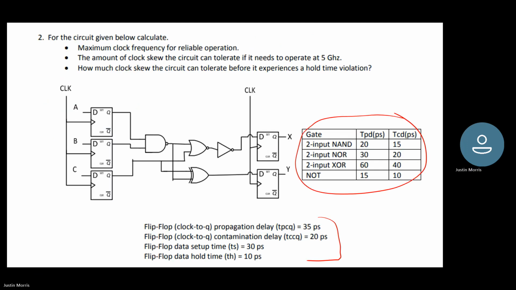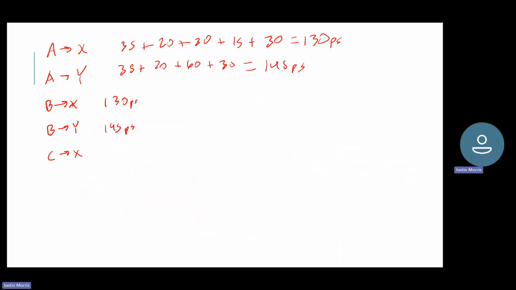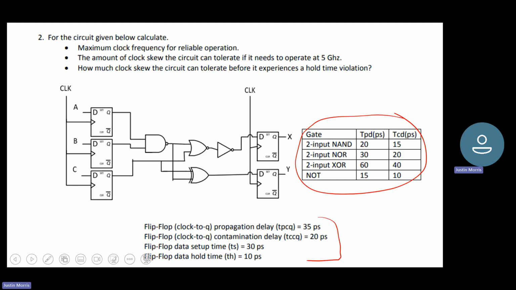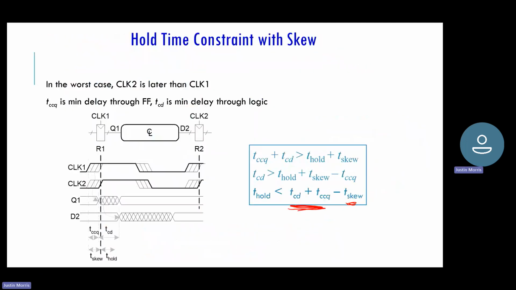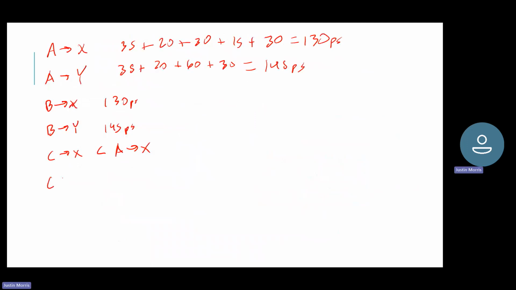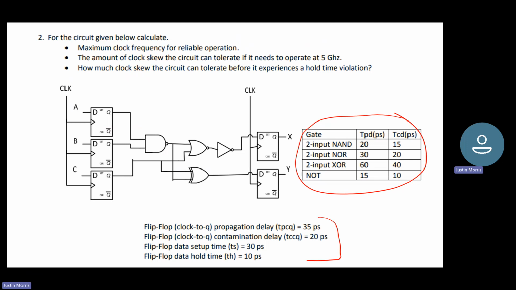It's just the NOR and the inverter and the flip-flop. But we know that it's less than A to X, right? So we can just say that this is less than A to X. So we don't need to do it. And then C to Y, again, we can just say that C to Y is less than A to Y, because A is going through that additional NAND gate. Do you see that?